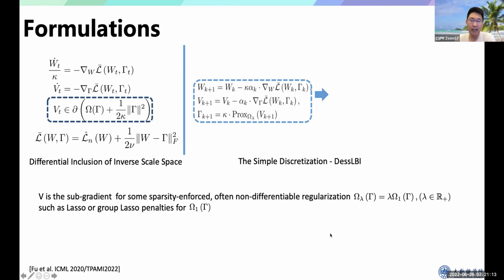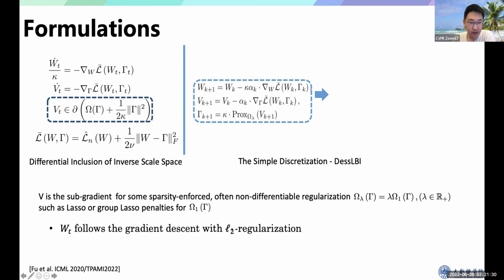All right, and our formulation is the differential inclusion of inverse scale space, and we introduce V_t as the dual parameter of gamma_t, and W_t basically follows gradient descent with L2 regularization.